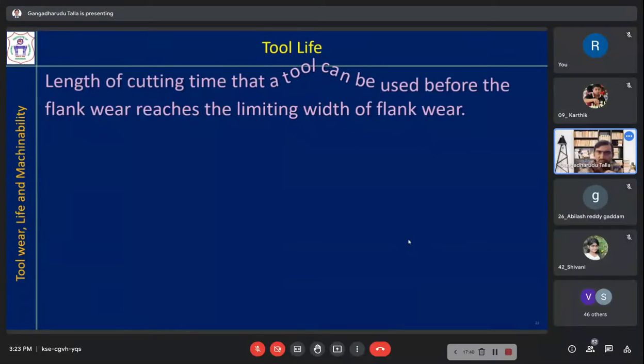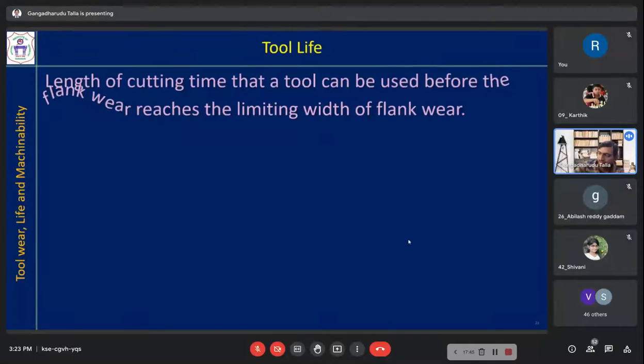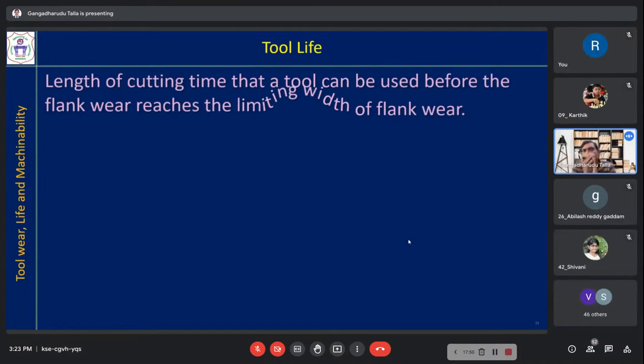Now next is tool life. You can just read this. The length of cutting time that a tool can be used before the flank wear reaches the limiting width of the flank wear. This is one definition. If you carefully observe, we are talking about only flank wear here, and the width of the flank wear.